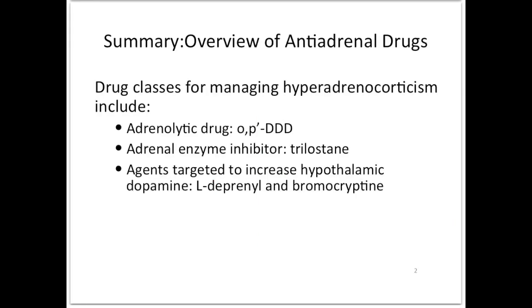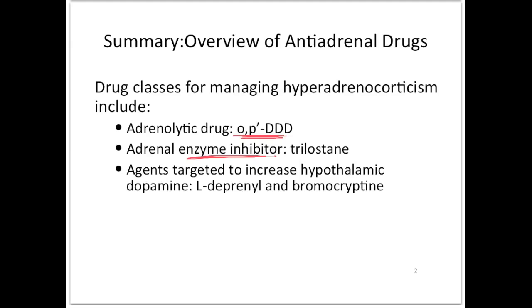So to summarize the drugs that we have available for managing hyperadrenocorticism, there's three general classes. The first one is an adrenal-lytic drug. It actually is toxic to the adrenal gland and leads to irreversible damage. And then you have an inhibitor of a key adrenal enzyme, trilostane.